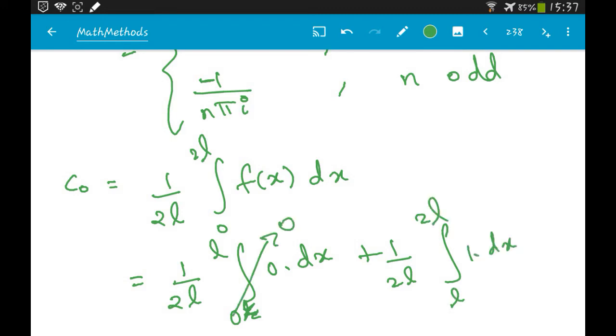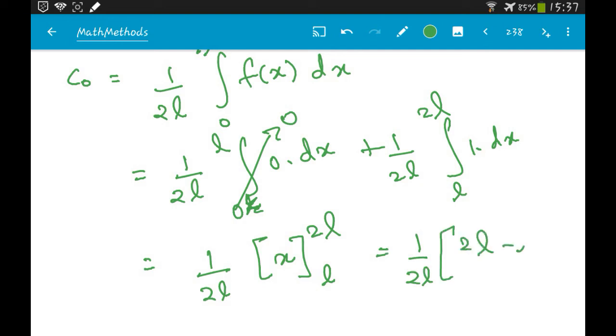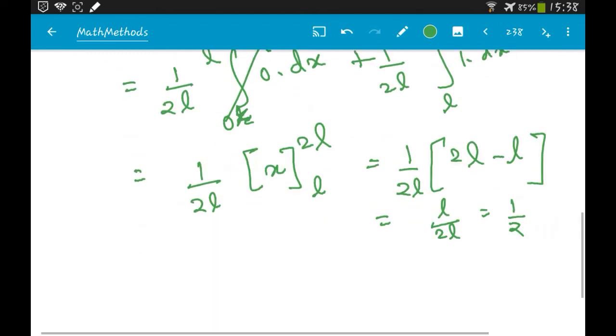So this is 0 and this is going to be half. Okay, so this is going to be half.